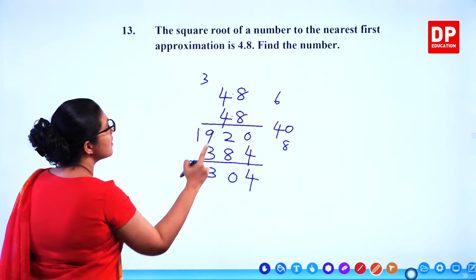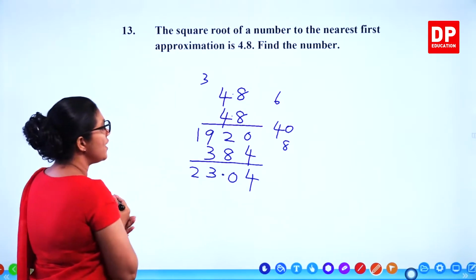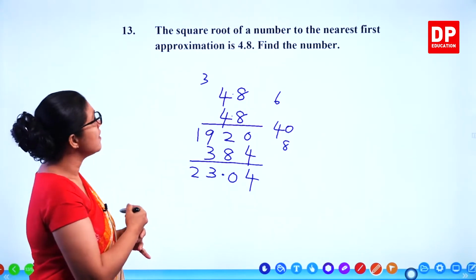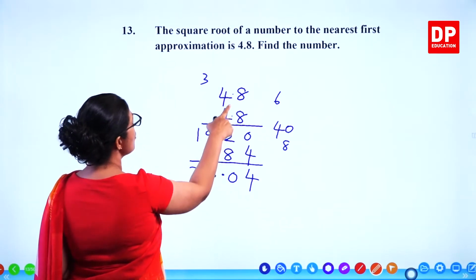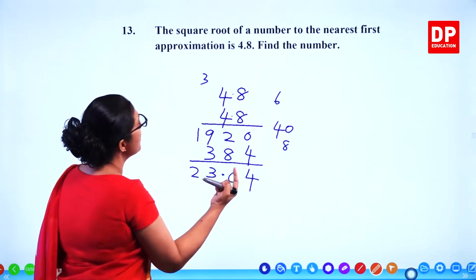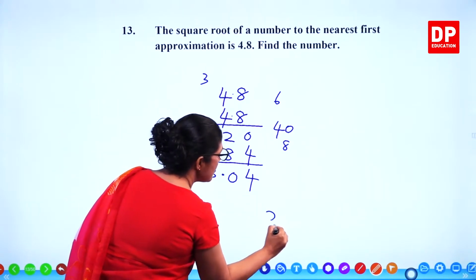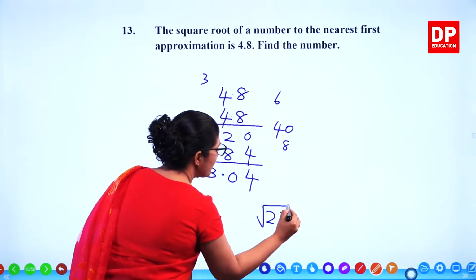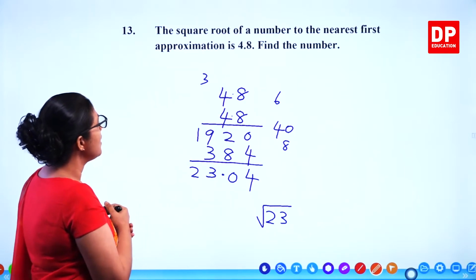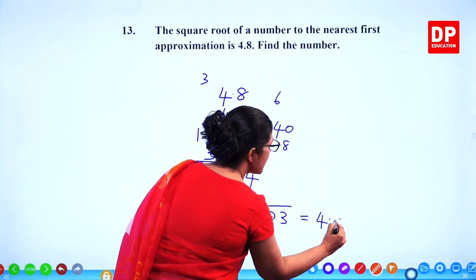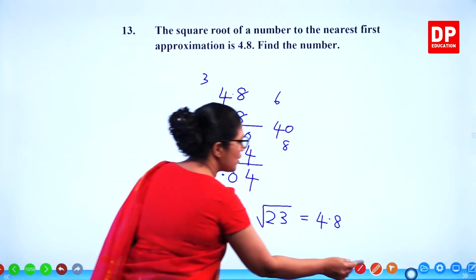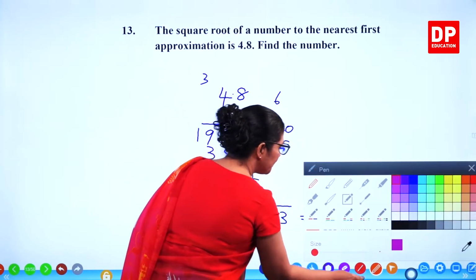So you get 23.04. So that's the closest value. So nearest first approximation. So what's the number? That's 23 square root value. So square root of 23 is 4.8. So you get 2 marks for that.